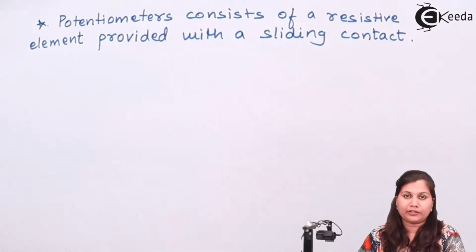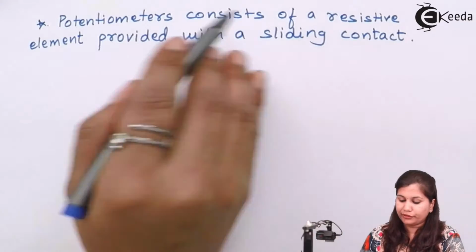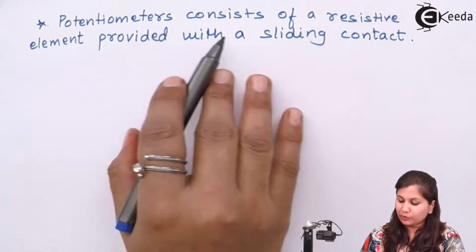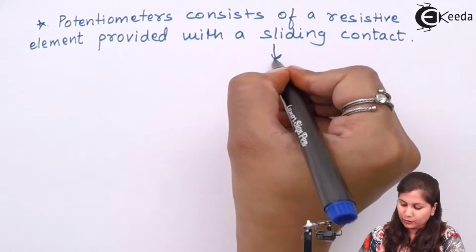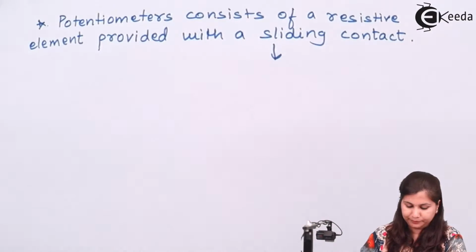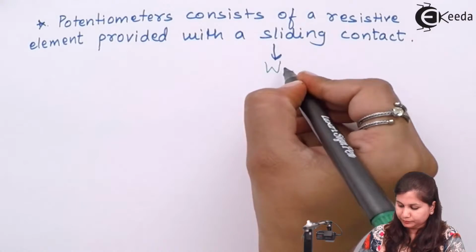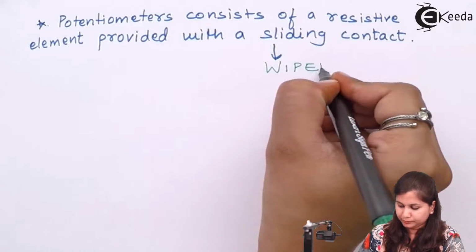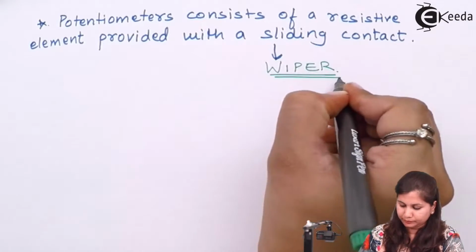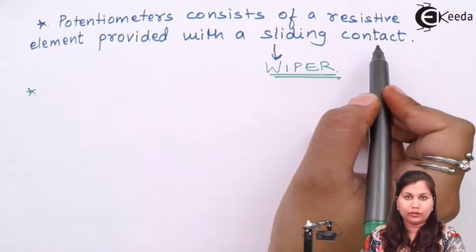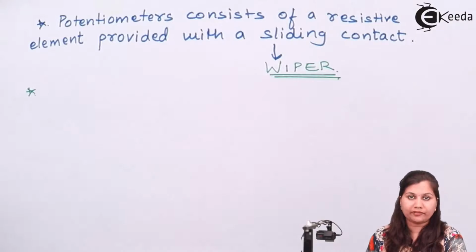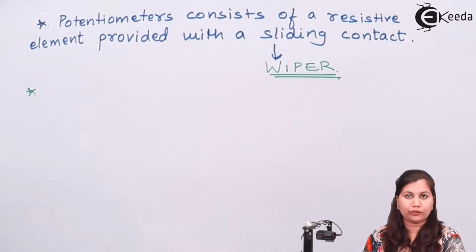The resistive potentiometers consist of a resistive element which is provided with a sliding contact, and this sliding contact is called the wiper. Now the motion of this sliding contact over the resistive element can be a translational motion or a rotational motion.